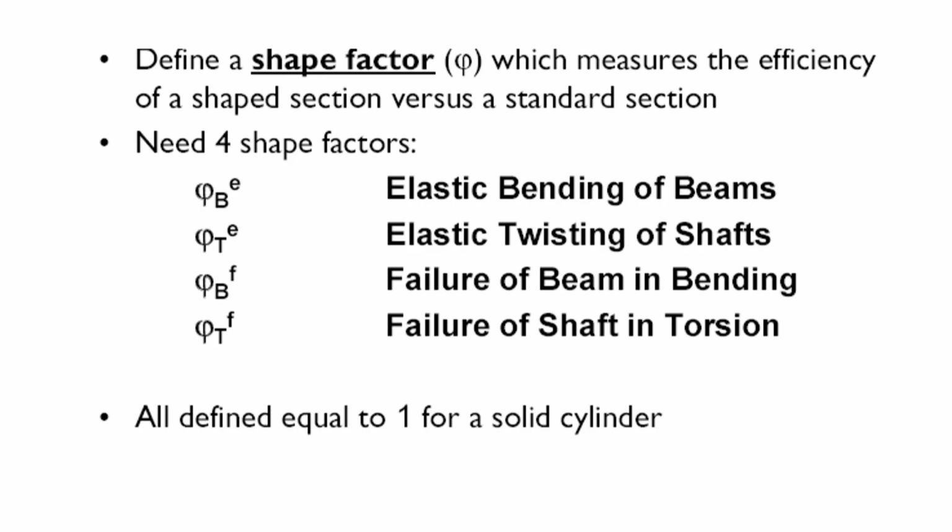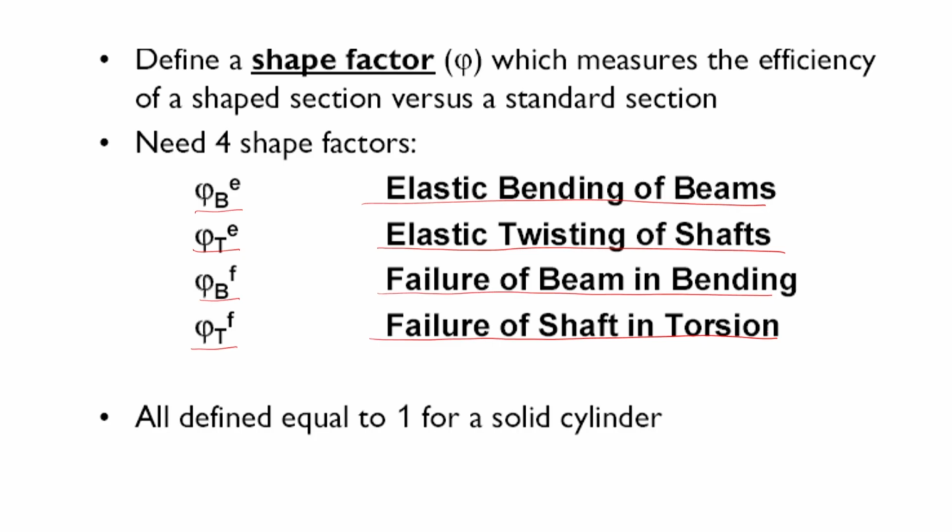Okay. Phi BE, which is elastic bending of beam related shape factor, phi TE, which is elastic twisting of shafts shape factor, phi BF, it is failure of beam in bending shape factor. So, this is against failure, and phi TF, which is failure of shaft in torsion.